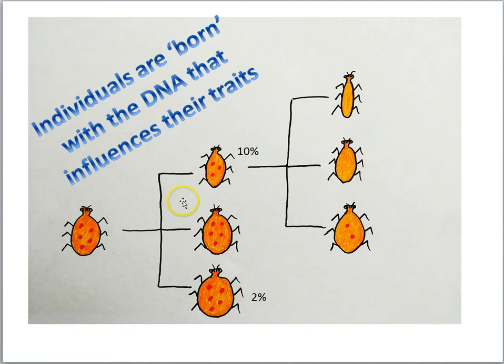It's also important to note that individuals do not evolve, populations do. Individuals are born with the DNA that influences their traits. So the reason this one looks 10% like a stick is rooted in DNA mutations or some mixing of genes during sexual reproduction. This one looks 2% like a stick because of differences in DNA.